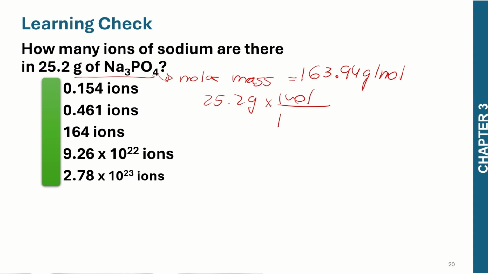I know that 1 mole is 163.94 grams, so we cancel the units over here and we're going to have 0.1537 moles. I'm not rounding any number now because I didn't finish my calculations.